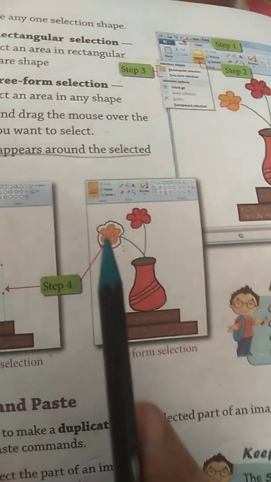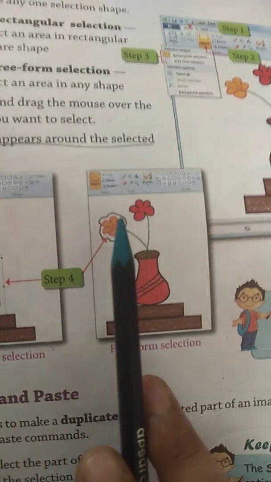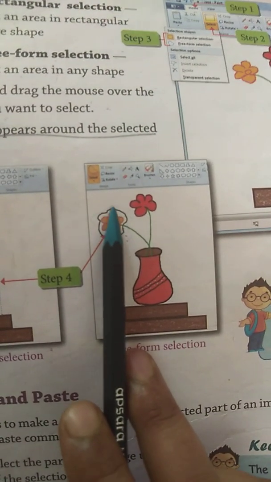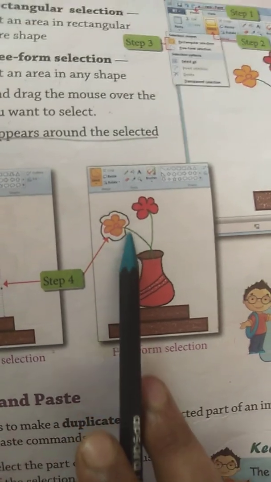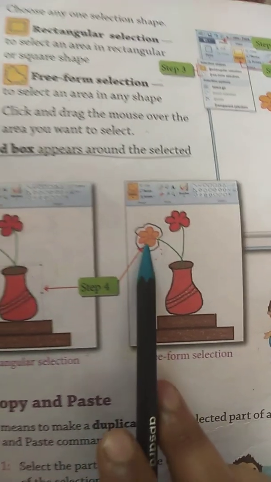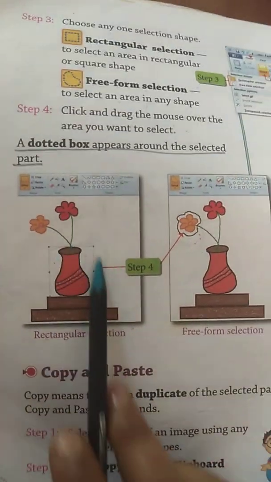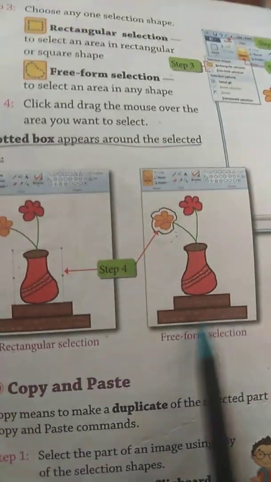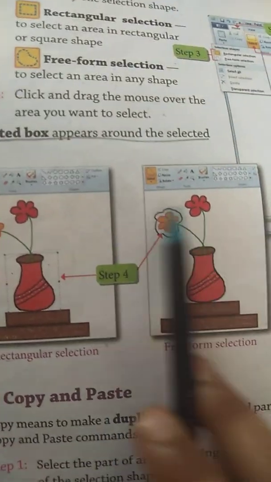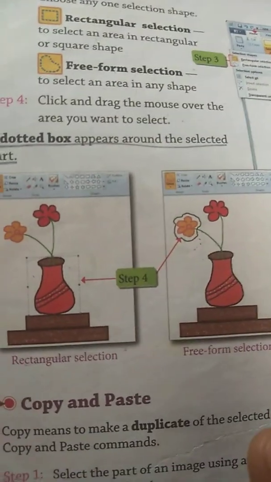We wanted to bring some changes in the flower part, so with the help of the mouse you do it, and it gets selected. So rectangular selection will always come in a rectangular form, and freeform selection doesn't have any shape. With the help of the mouse, however you drag, it will cover in that way only.